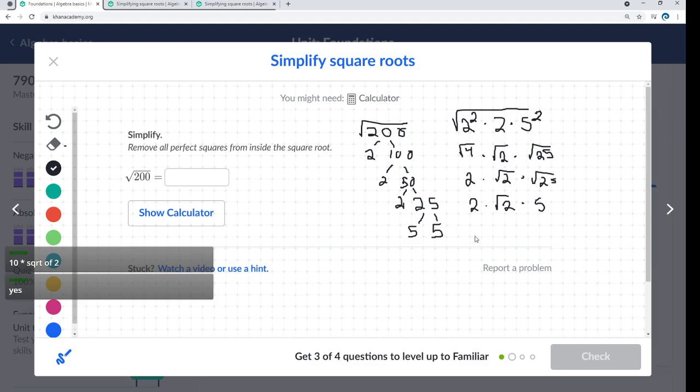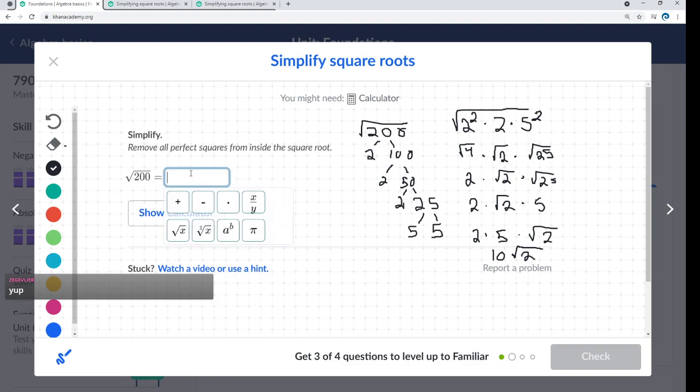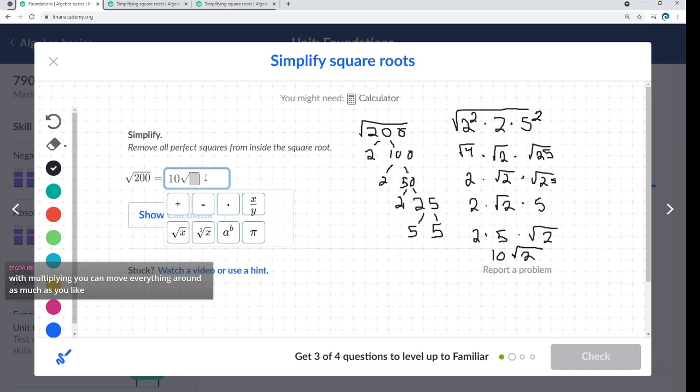So would I just move these over now and then do 2 times 5 times the square root of 2? Is that where I end up? So then this is 10 times the square root of 2. Is that really it? Can it be?